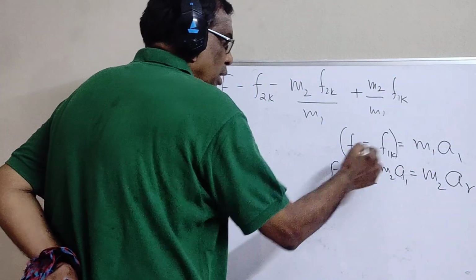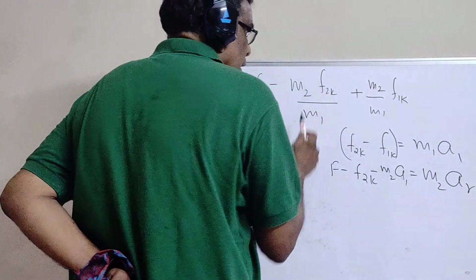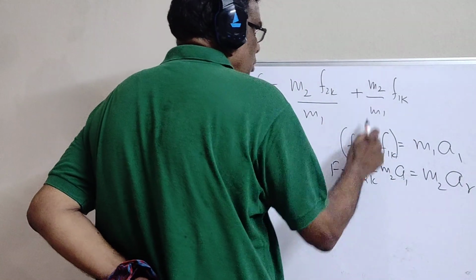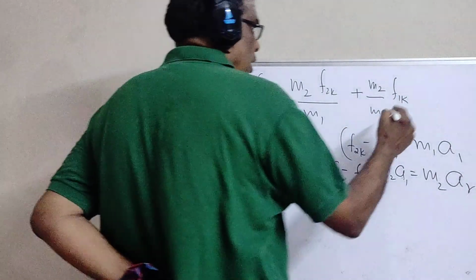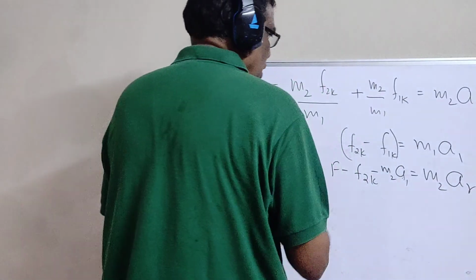This by M1 is substituted, so M2 by M1, and if you take it, minus M2 by M1 F2k plus M2 by M1 F1k, right? This is equal to M2 AR.